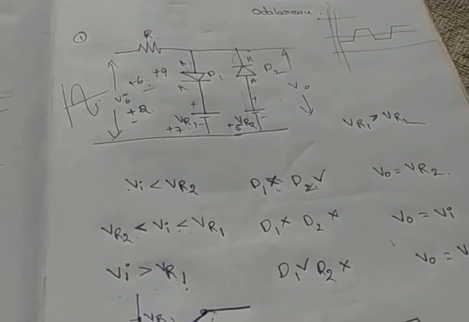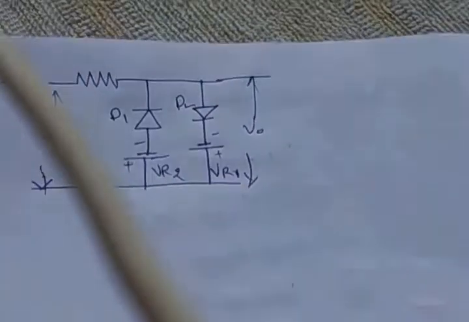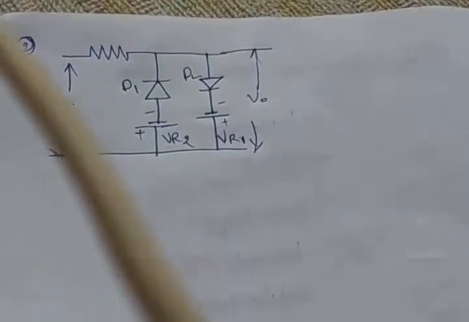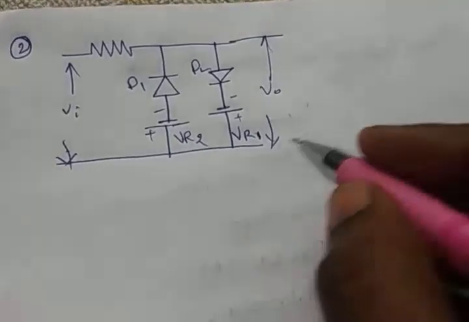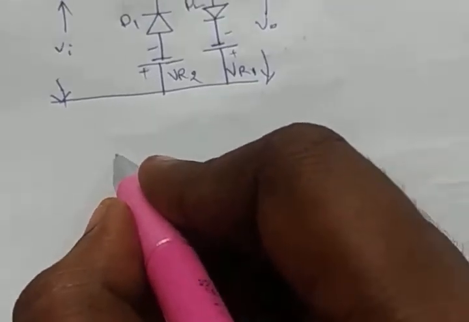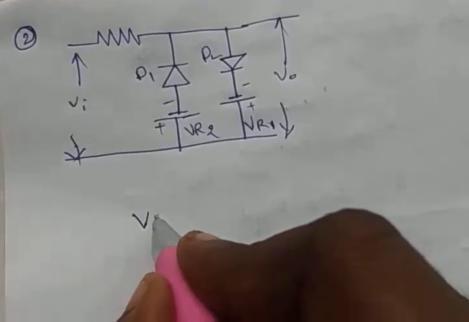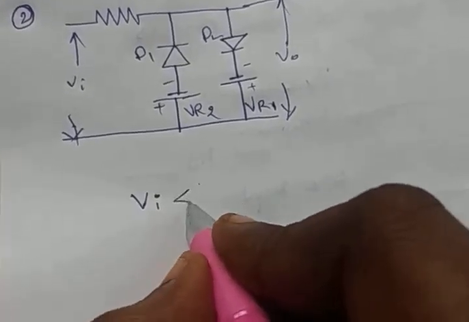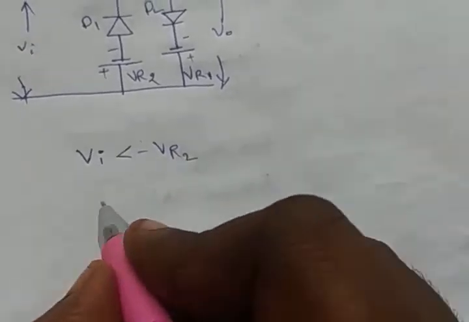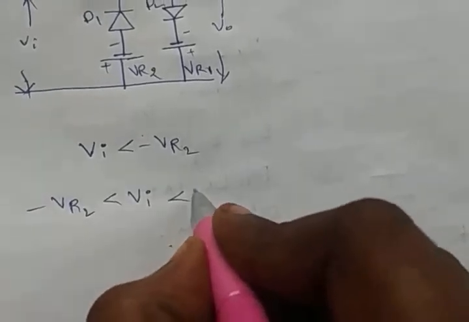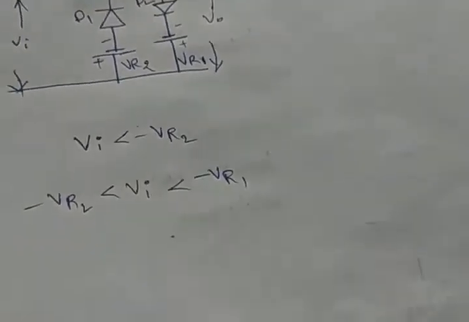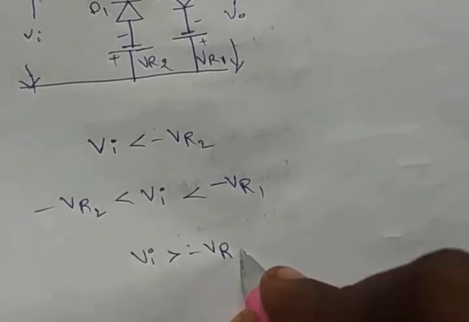And let us see the second type of two independent level clipper. This is the circuit of the next type. So let's see the conditions: Vi less than minus VR2, minus VR2 less than Vi less than minus VR1, that is in between minus VR1 and minus VR2, and Vi greater than minus VR1.